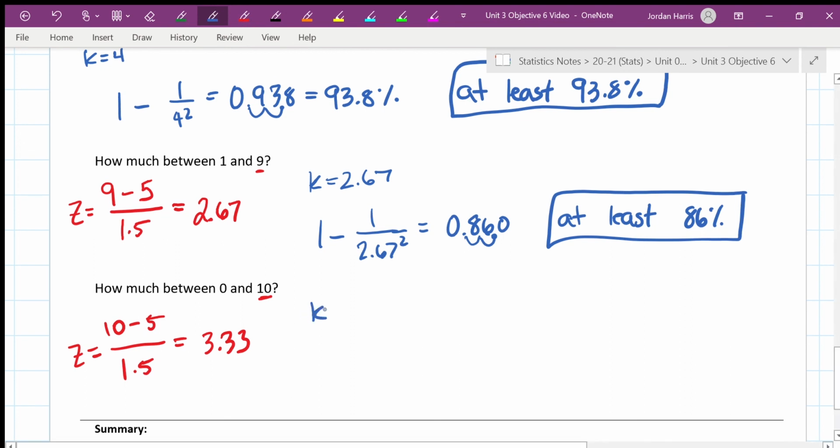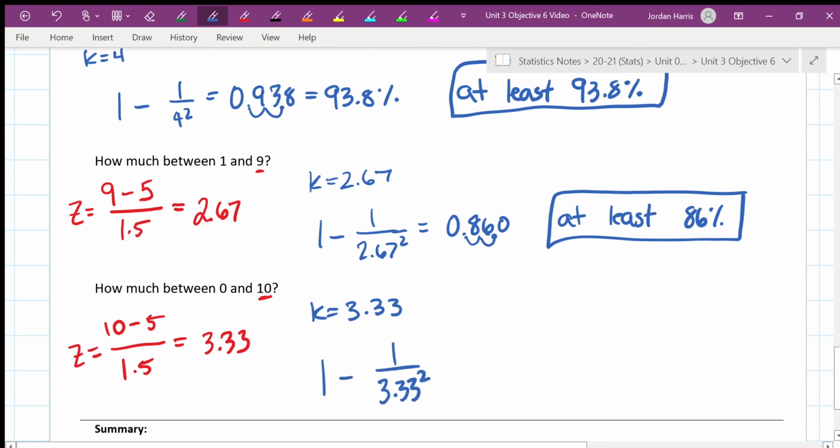That is my k value in this theorem. That's within 3.33 standard deviations. The reason the letter changes is because this is specifically for 10. If we did 0, we get negative 3.33. The k represents how far away we are, not necessarily a z-score, so there's no negatives, basically.